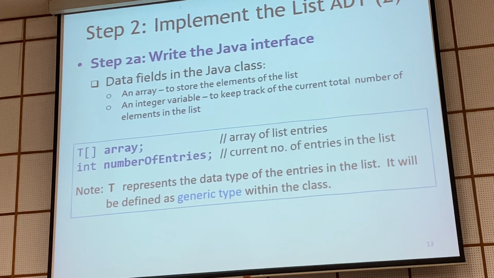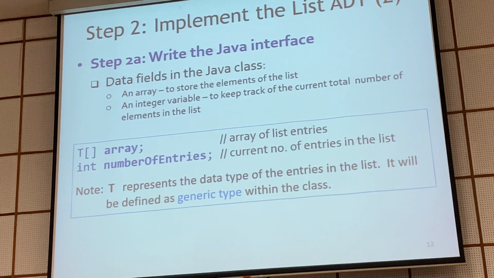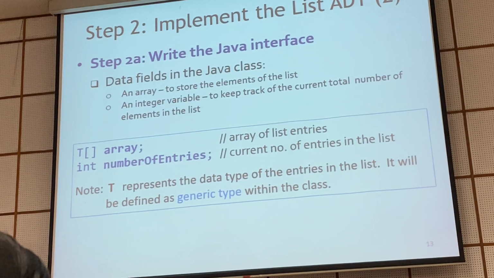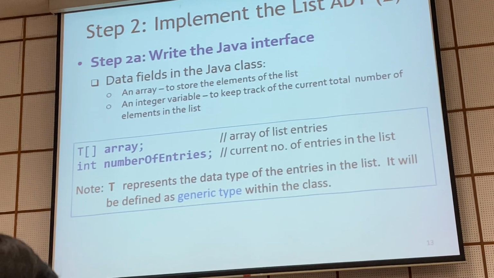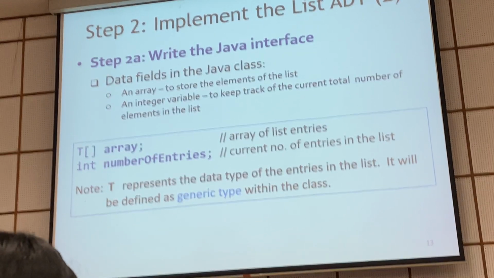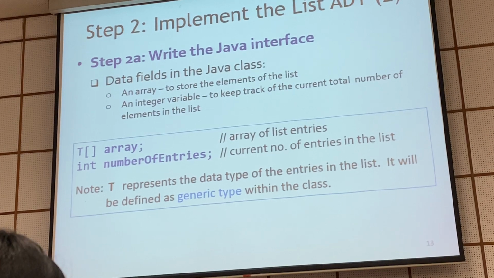So we declare our array of T. It's not integer, string, or character. It's a T type, generic type. It depends on the client program. If the client program is using integer, then T becomes integer. If the client program is using a string, then it becomes string.